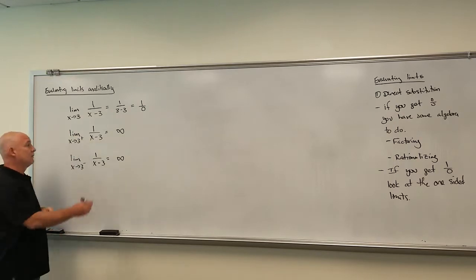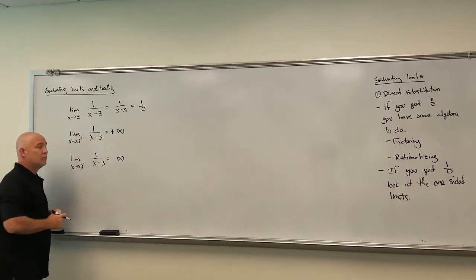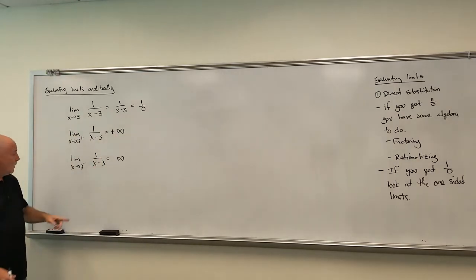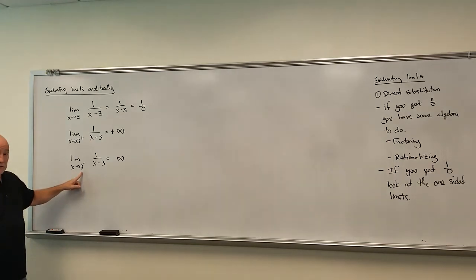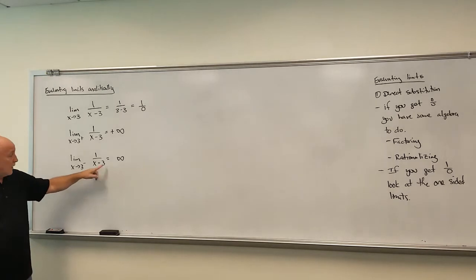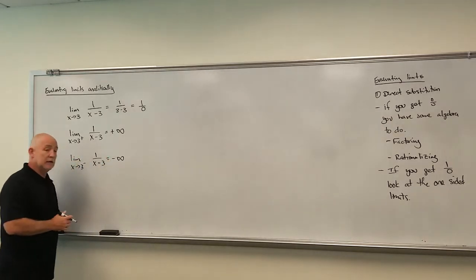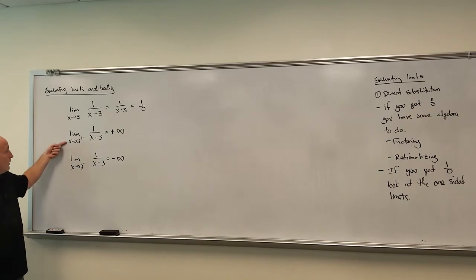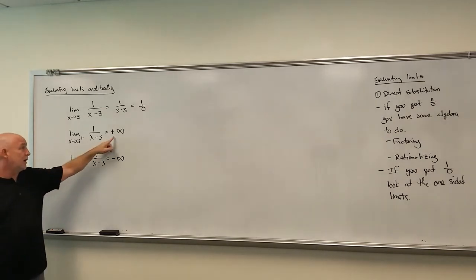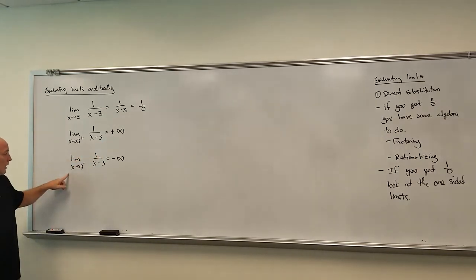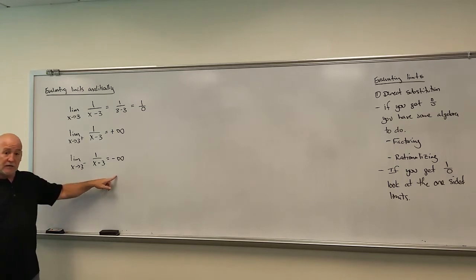Positive divided by positive. So this is heading towards positive infinity. Here, if we're approaching values less than 3, this is 1 over something smaller than 3 minus 3. So the top's positive. Smaller than 3 minus 3 is negative. Positive divided by a negative is a negative. So as we come in from values bigger than 3, this is heading towards positive infinity. If we come in from values less than 3, it's going to negative infinity.